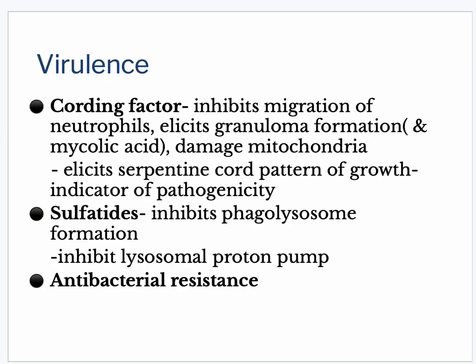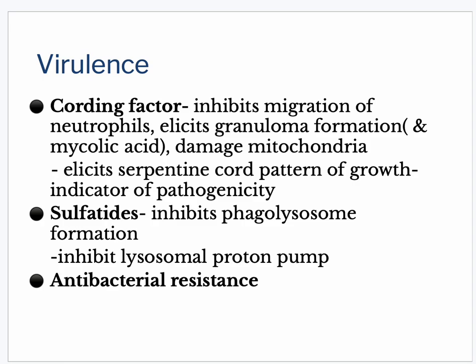So, mga virulence factor na meron sa kanya, they have a cord factor. This inhibits migration of your neutrophils and they elicit granuloma formation, and mycolic acid also damages your mitochondria. They elicit serpentine cord pattern of growth, that indicates pathogenicity na.